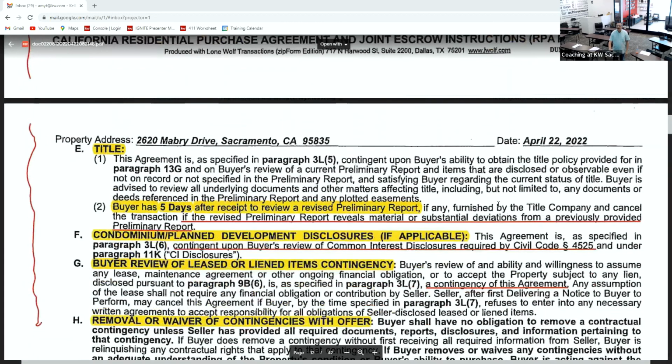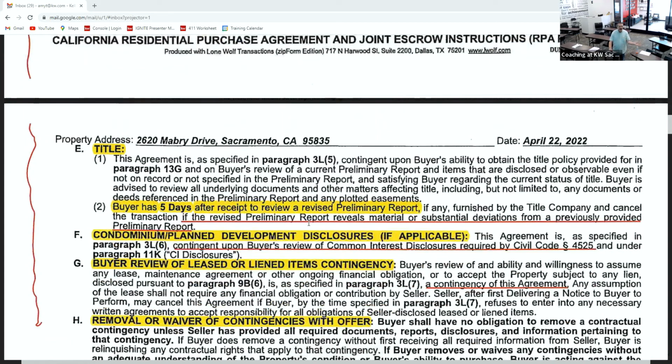If a revised preliminary title report is issued once you've already gotten the initial one and it's getting close to close of escrow, and something material turns up on that, then that would also give the buyer a right to cancel, depending on what it was.